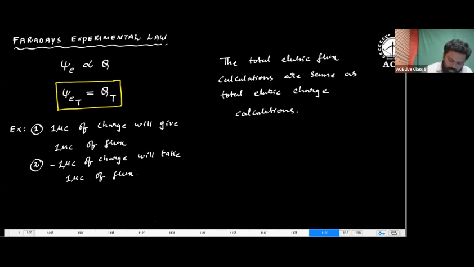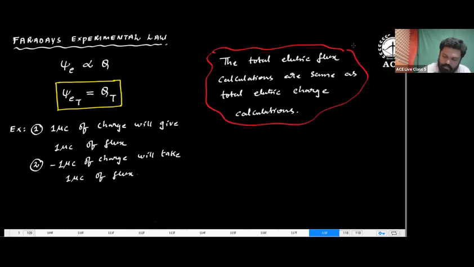So this is Faraday's experimental law. Clear, beta? Fine. Let us have one question related to this one, and after that, we'll go to what is called Gauss law. I'm going to turn the page here.